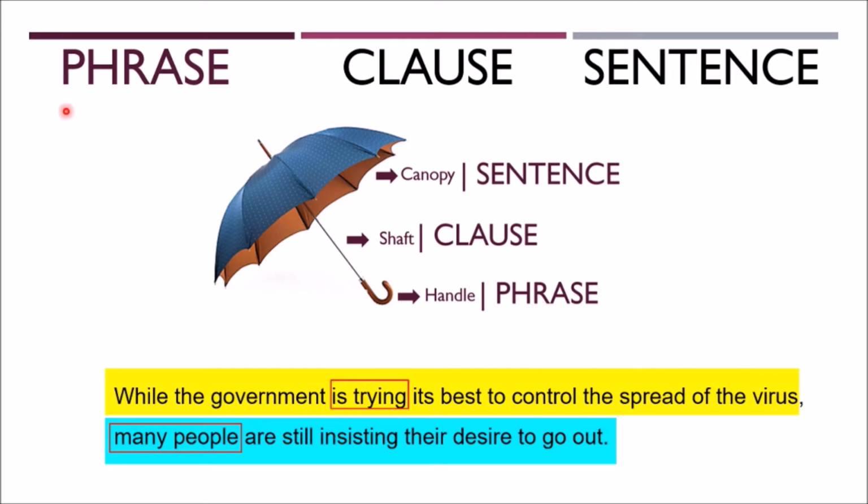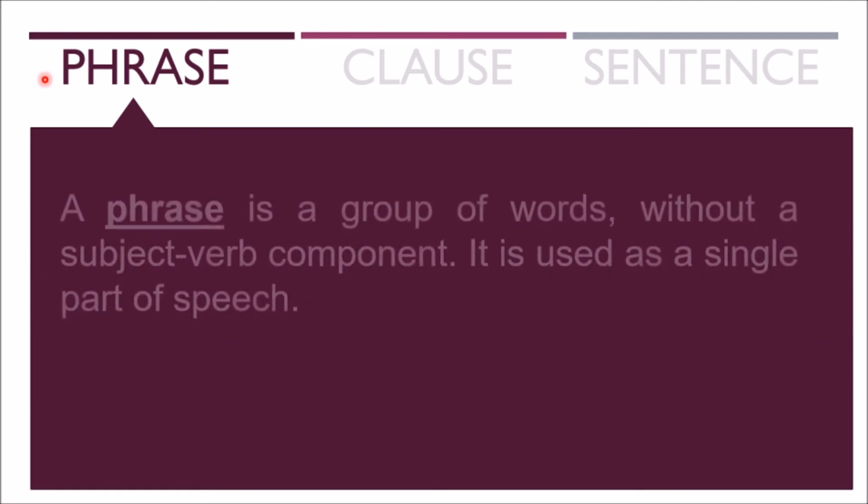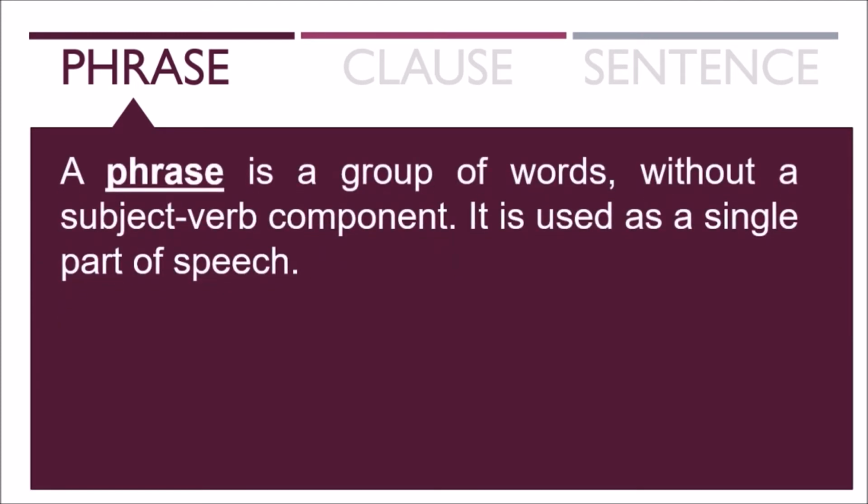Now, let's talk about first, what is a phrase? When we say phrase, it is a group of words without a subject-verb component. What does it mean? Your phrase may contain a subject but without a verb, or it may contain a verb but without a subject. It is used as a single part of speech.